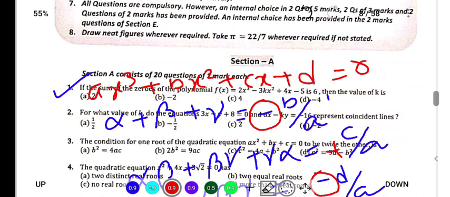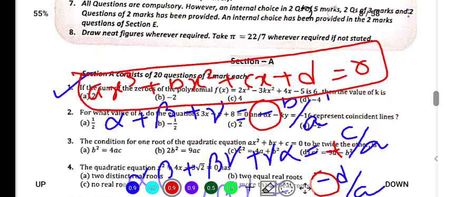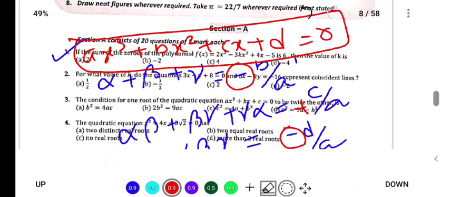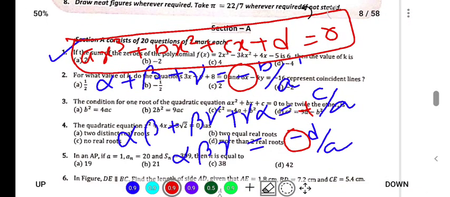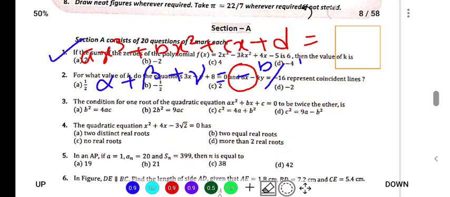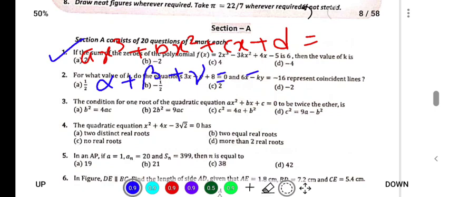So here the sum of the zeros, alpha plus beta plus gamma, is equal to what? You can see this is minus b upon a, right?